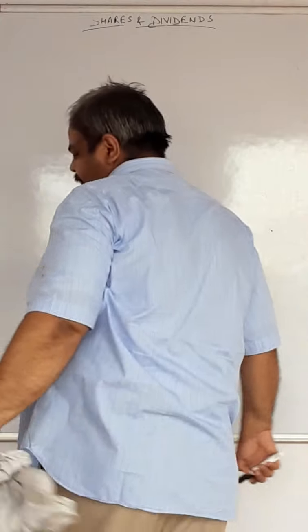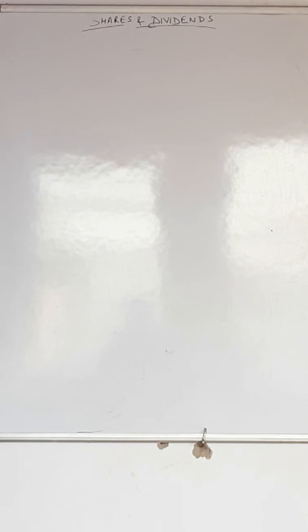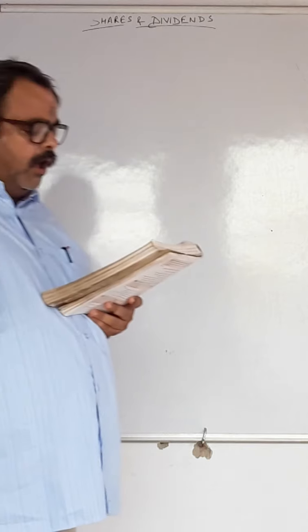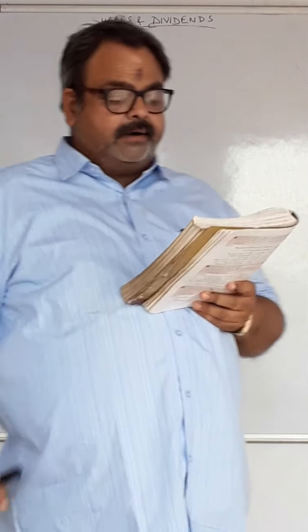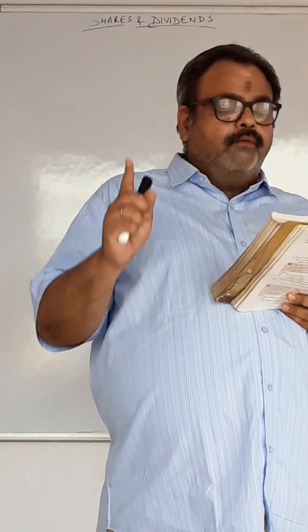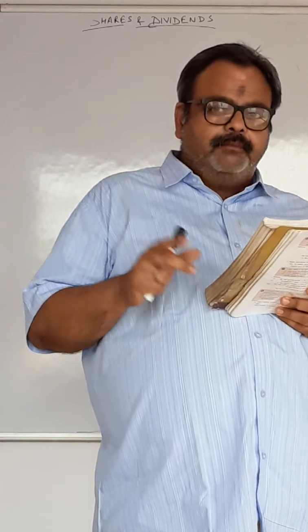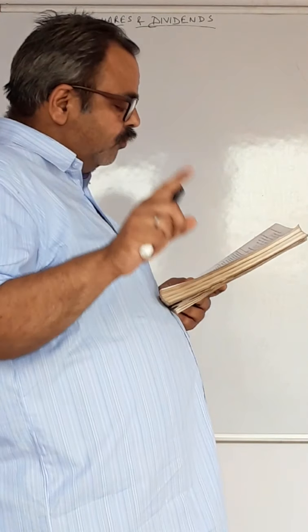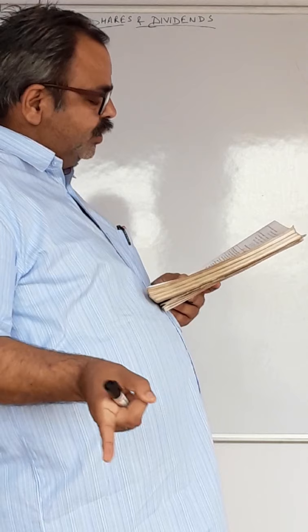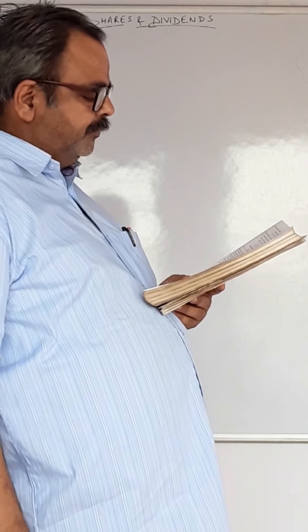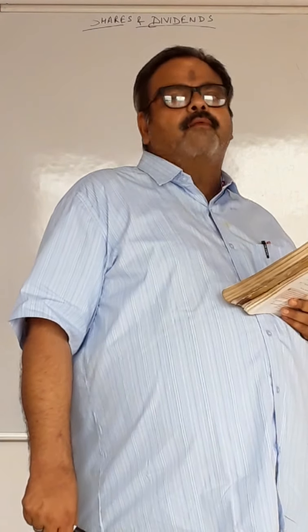Question number 1. How much money will be required to buy 400 shares, meaning the number of shares is 400, of 12 rupees 50 paisa each, at a premium of rupees 1?